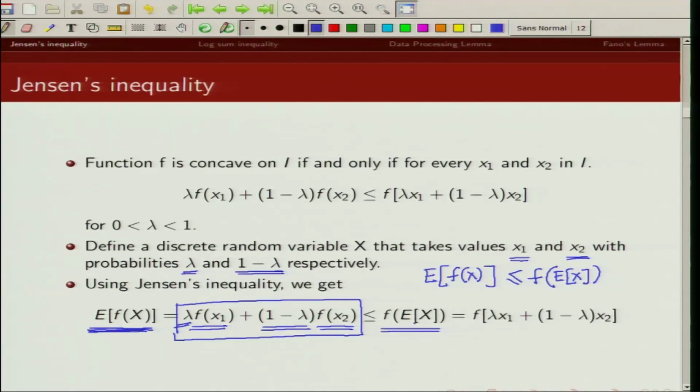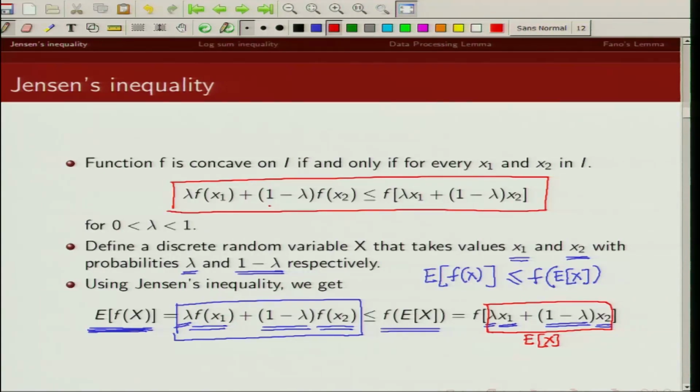Now what is the expected value of x? x1 happens with probability lambda and x2 happens with probability 1 minus lambda. So the expected value of x is given by this expression. This is your expected value of x. So then applying Jensen's inequality, we get this result.